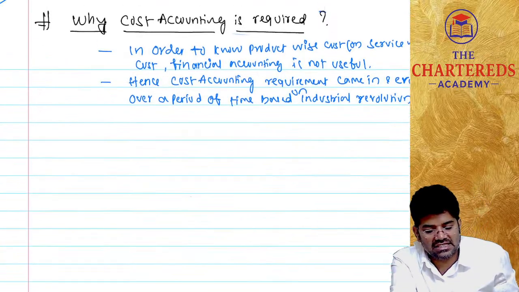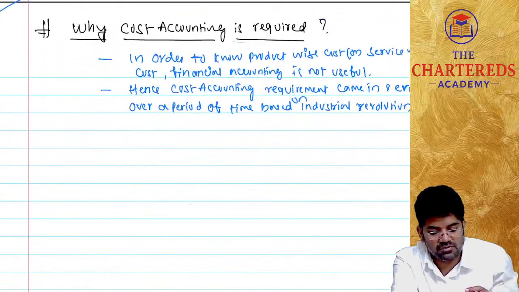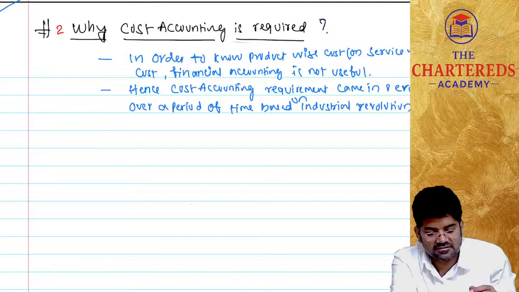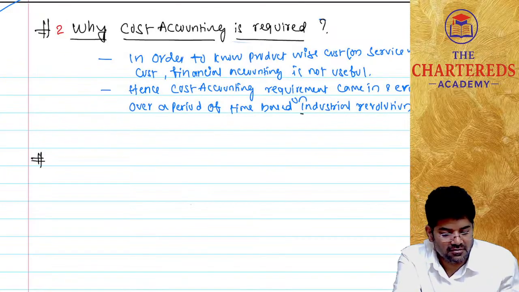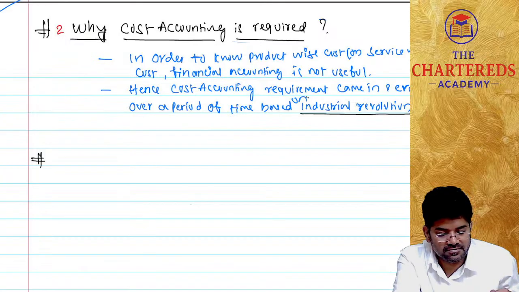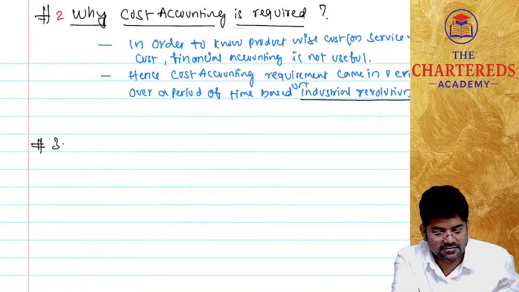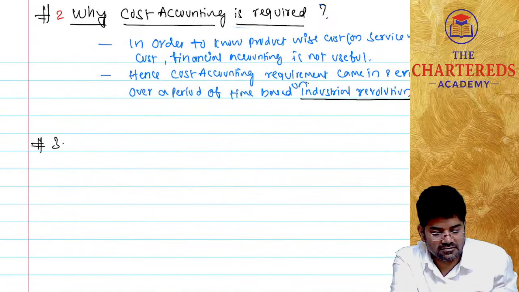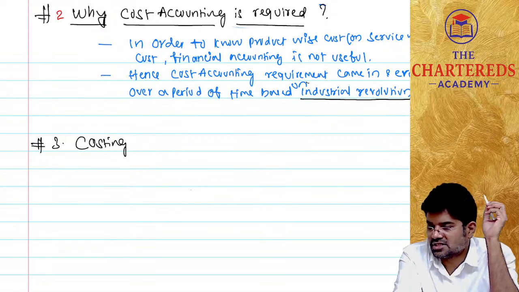Now the next definition, you can write this as point number 3, is costing.